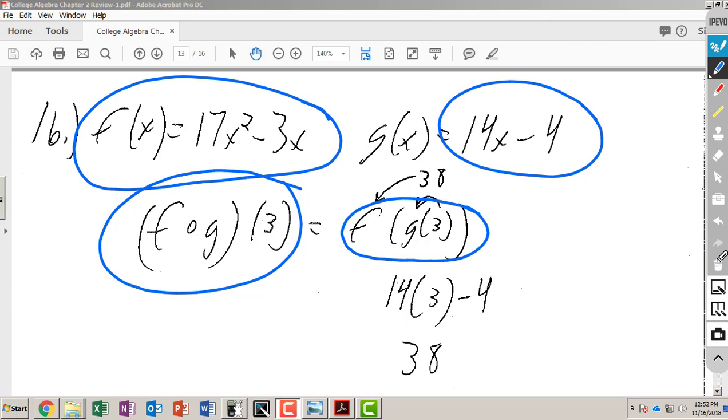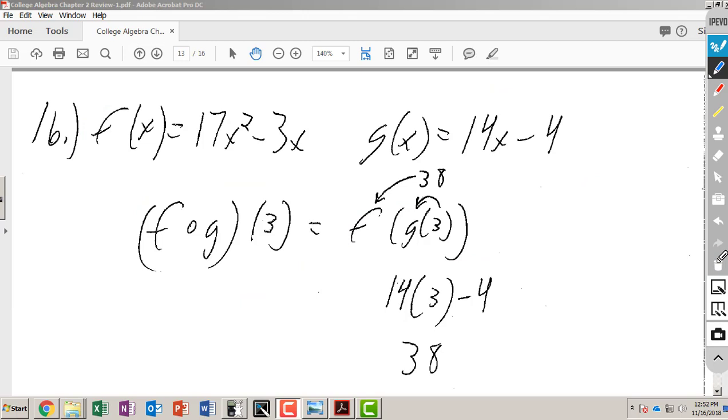So f of g of 3 means reading from the inside going out, which is what you do for all composites. The first thing you need to do is take 3 and put it in your equation g.